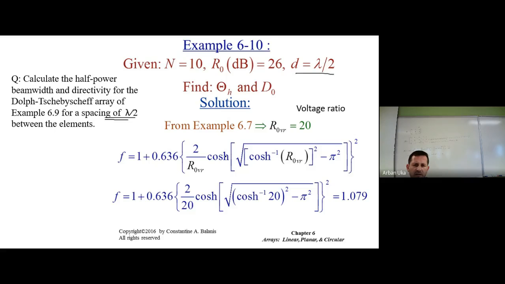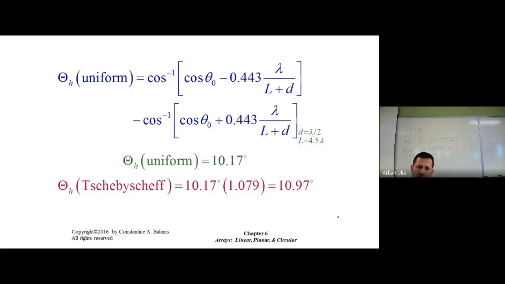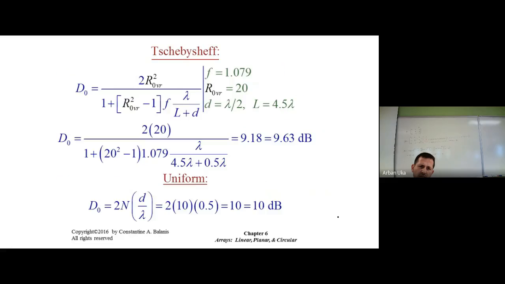In this case, we just need to substitute the expression in here. We find that this broadening factor f is 1.079, and then we just substitute this f that we found 2 slides before in here, and we can determine the directivity.